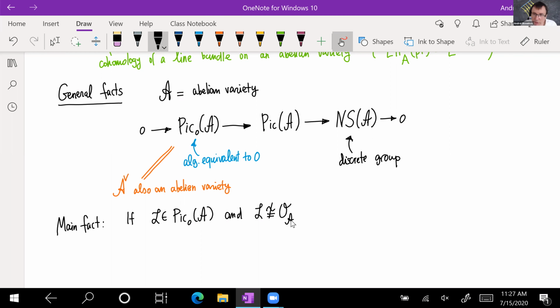It can be put in a family with one of the fibers being a trivial line bundle, but it's not trivial by itself. Then all cohomology of that line bundle is 0. This is really kind of amazing.